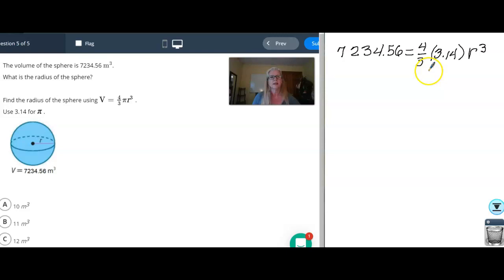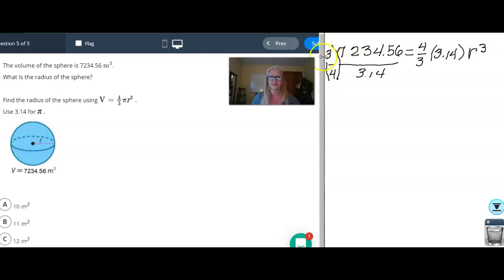Now, I don't know if you remember this from fractions, but we need to divide both sides by whatever this number is. So I'm going to divide this number by 3.14, and I'm going to multiply it by 3/4. If you remember fractions, you might remember that multiplying by the reciprocal is the same as dividing.